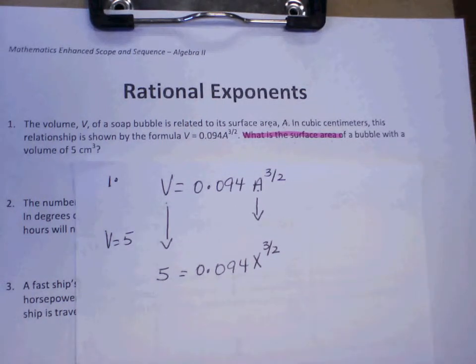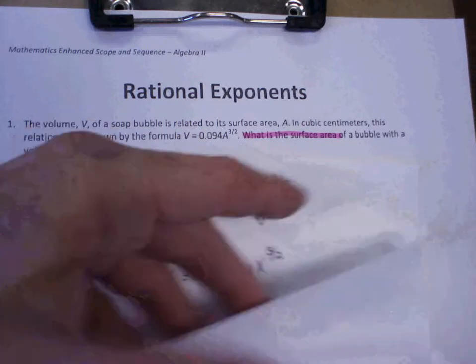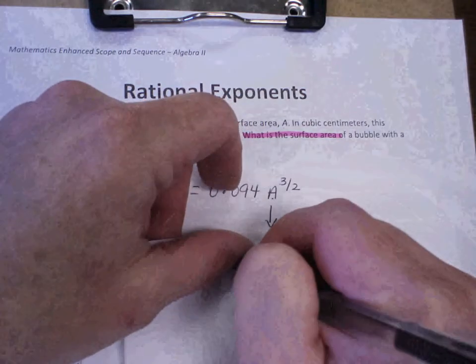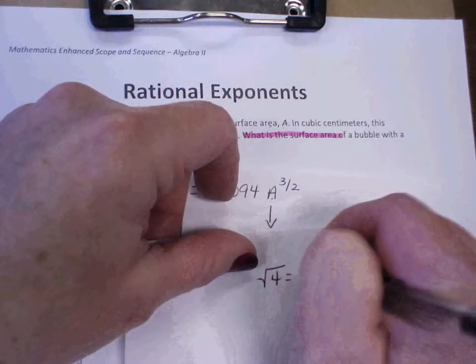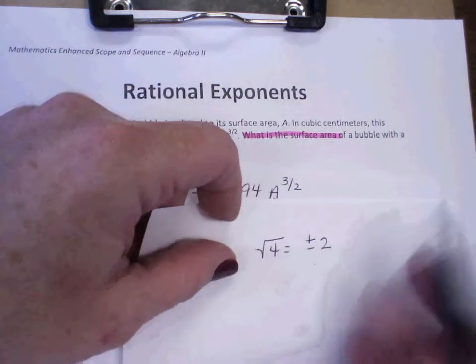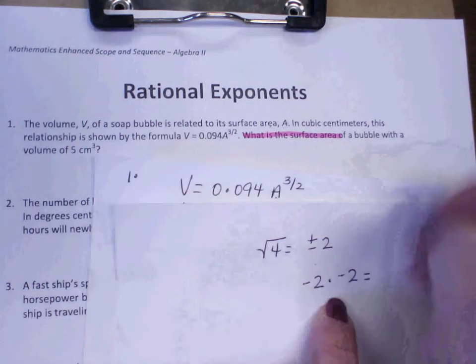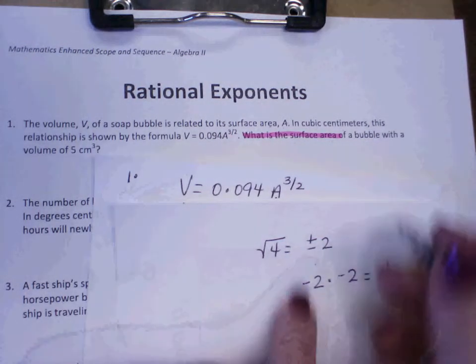Where can we go to solve this? Equation solver, but you have to be really, really careful when there are square roots, because the square root of 4 could be positive or negative 2.